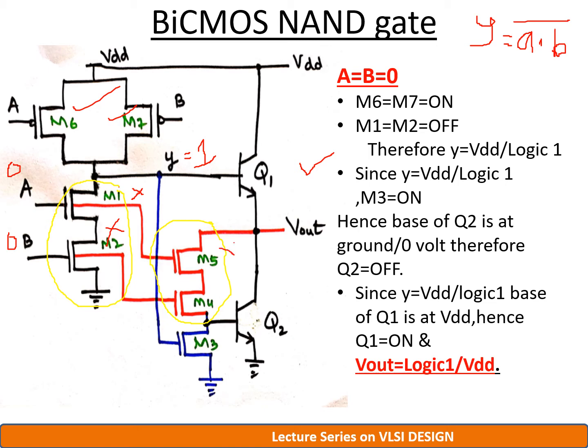Hence M5 and M4 will be in off state, whereas M3 will be in on state because it is connected to Y, whose value is 1. Hence the base of Q2 will discharge to ground. Since Q1 is on, Vout will be offered a closed path towards VDD, hence we will get Vout equals logic 1. So when A equals 0, B equals 0, the required output was logic 1.